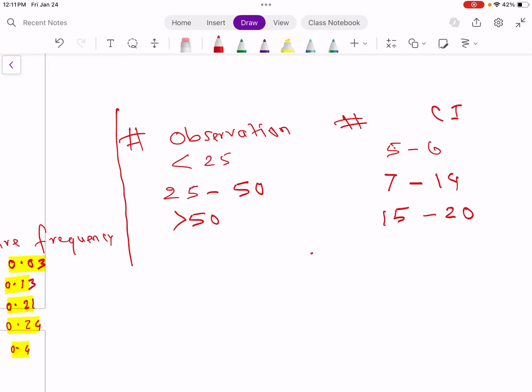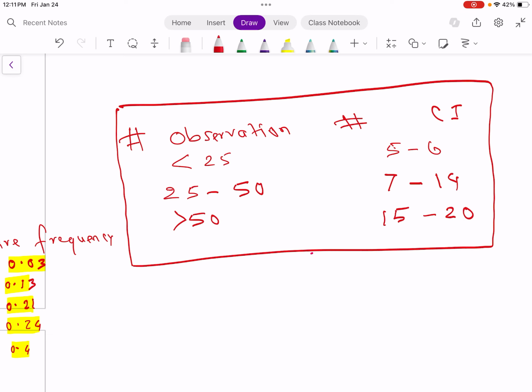Keep this in mind. Depending on the size of the data set, we can pick the number of class intervals. On your exam, it will always be less than 25. I will not give you a data set with more than 25 measurements. So make sure to have at least 5 or 6 class intervals.